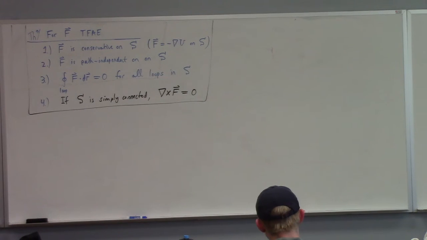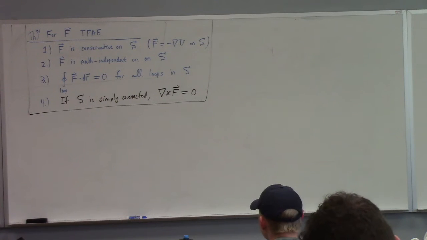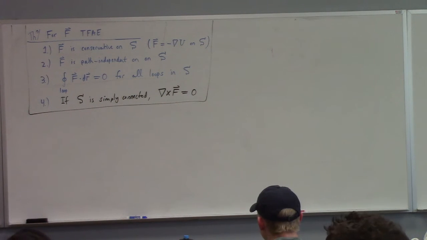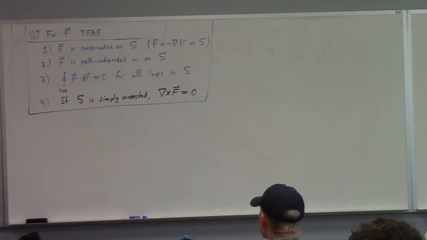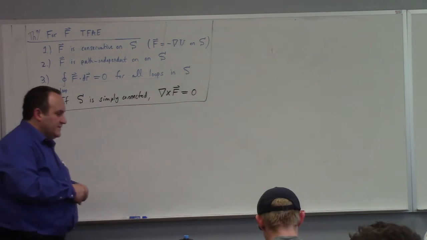So what this means is if you have a vector field and you calculate the work done by the vector field around a loop, and if it's non-zero, then that means that the vector field's not conservative, all right?